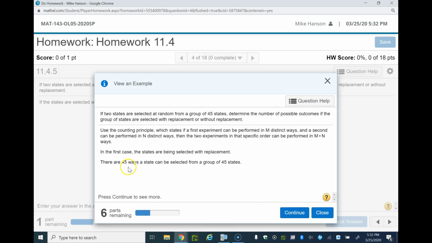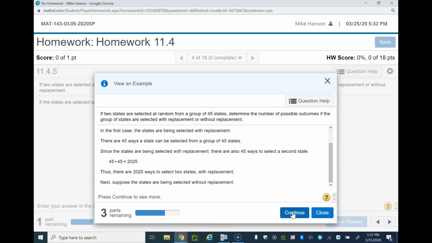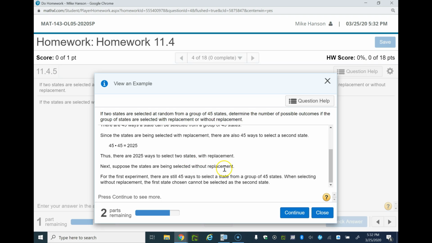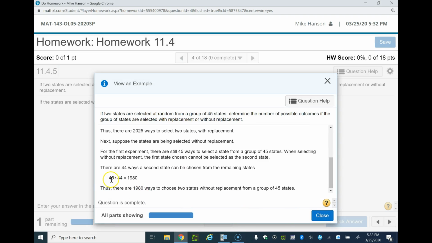So there are 45 ways a state can be selected from a group of 45 states. So the first one, 45, times the next one, 45, gives us 2025. That's with the replacement. Now, if I take one out without replacement, that's going to leave us with 44, correct? So first I start off with 45, but now I select the second one.